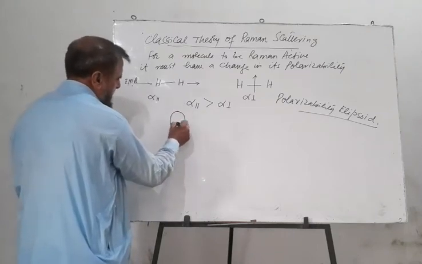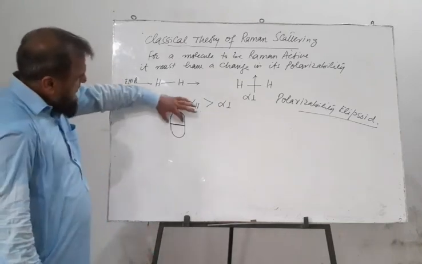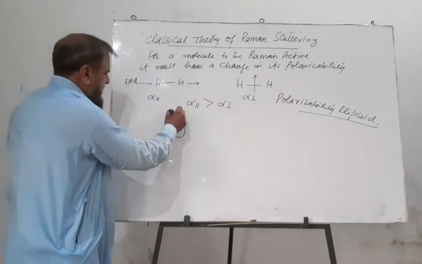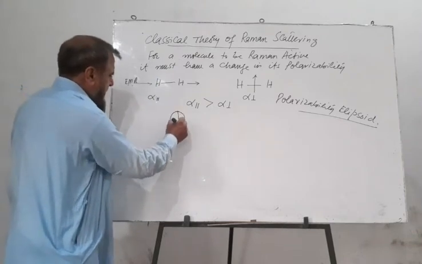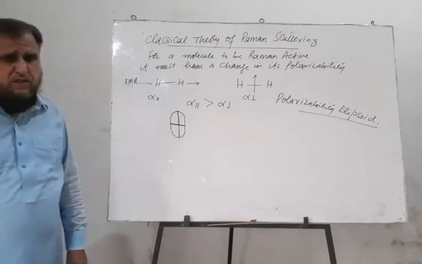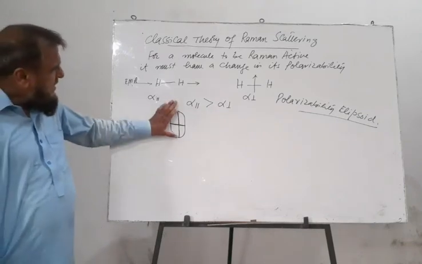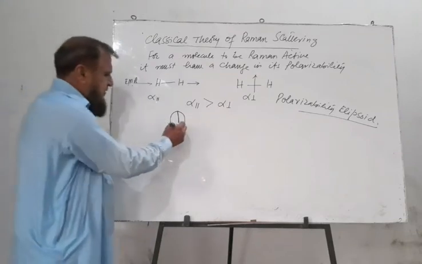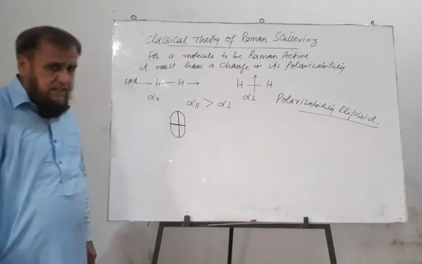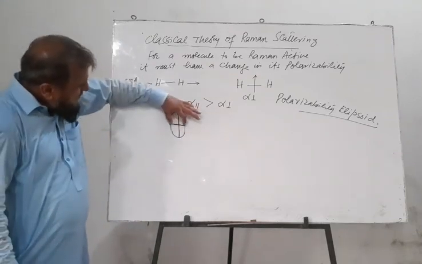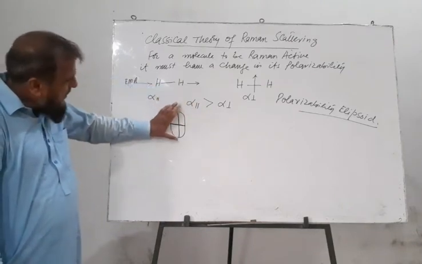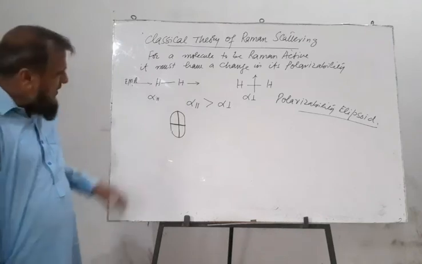This axis represents the polarizability along the bond axis, and this line represents the polarizability perpendicular to the bond axis. Generally, if the polarizability is high, the axis will be small, and if the polarizability is low, the axis will be a larger one.